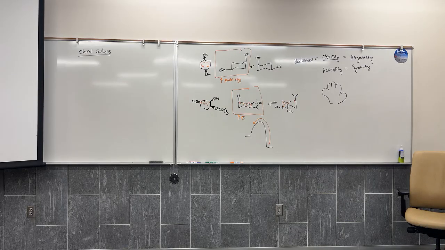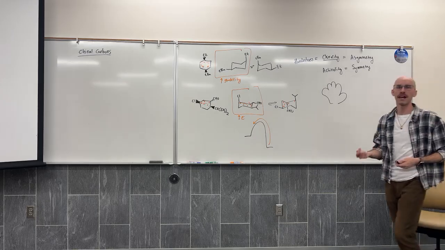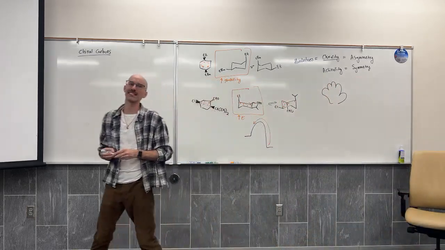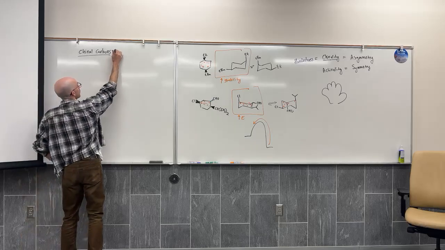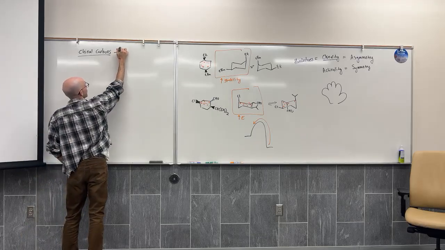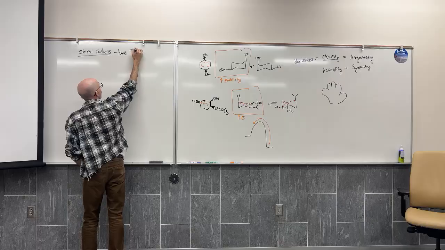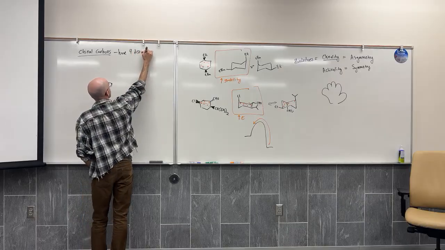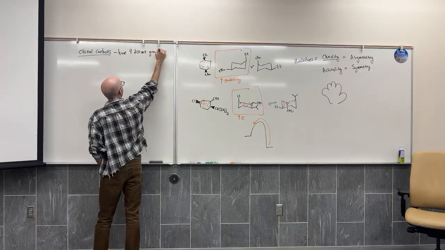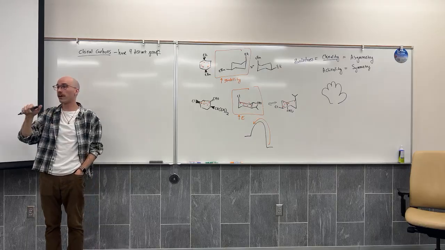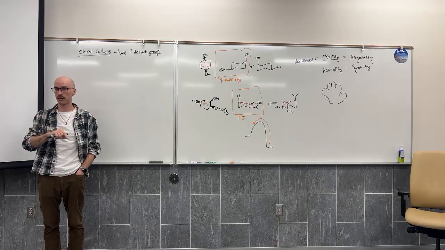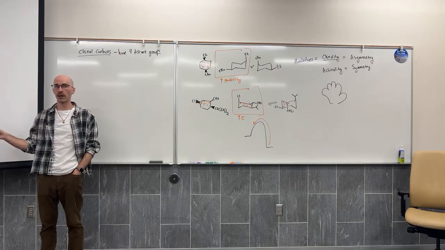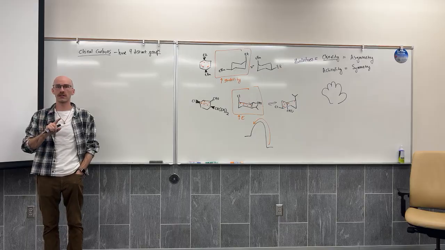A chiral carbon, of course, we can say is a carbon that lacks symmetry. That's already embedded in the name chiral. So instead, we're going to say chiral carbons are bonded to 4 distinct groups. Not 4 distinct atoms, not 4 bonds, 4 distinct groups.